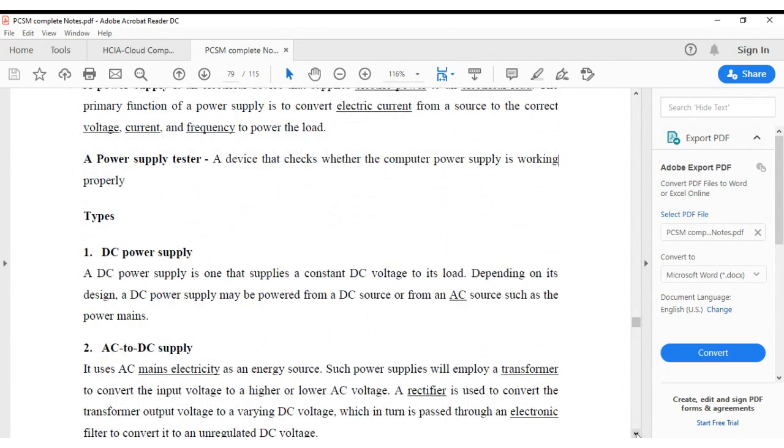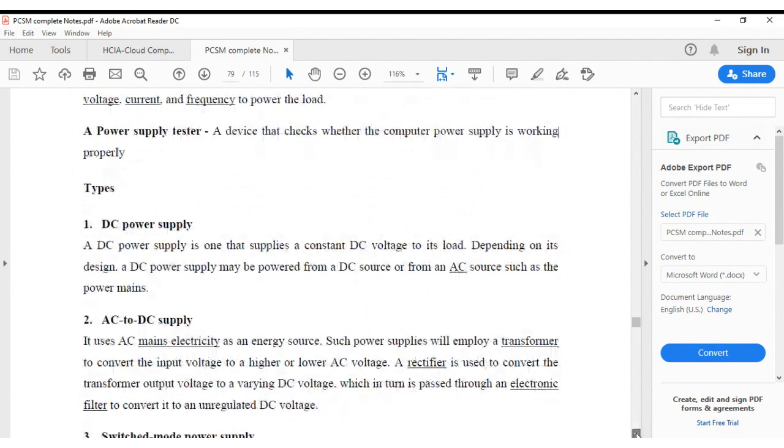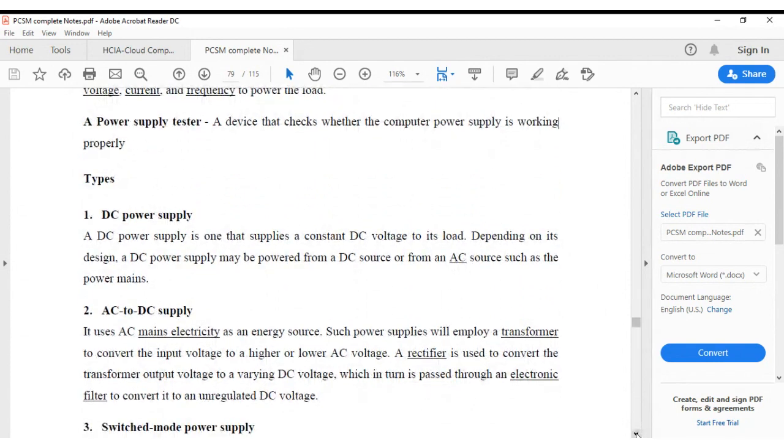Good. We have types of power supply. We have DC power supply. When you talk about DC, it is direct current power supply. Now, a DC power supply is one that supplies a constant DC voltage to its load. Depending on the design, a DC power supply may be powered from a DC source or from an AC source, such as the power mains.